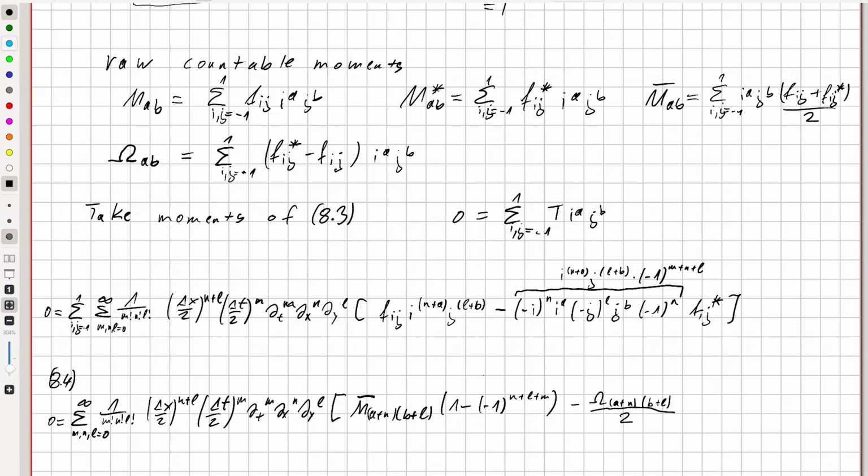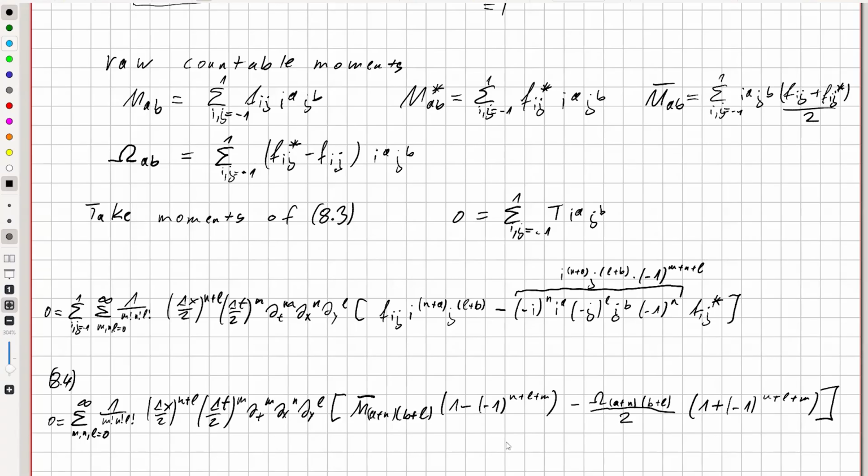Because otherwise they come up twice. And here it goes the opposite way. This only comes when there is not a 1 minus, but a 1 plus, minus 1 to the power of n plus L plus m. So you see, for any combination of n plus L plus m, you either get this moment or you get this moment here, but you never get both of them together. Yeah?